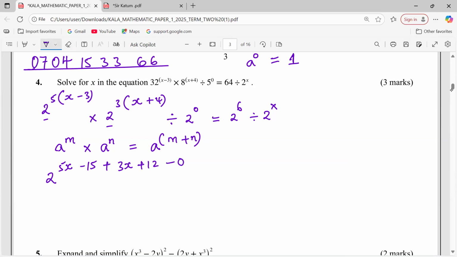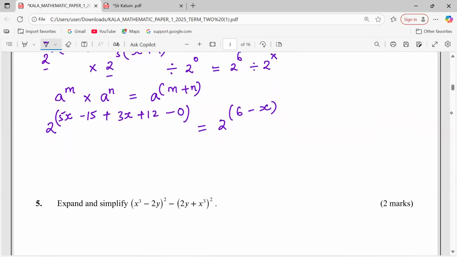Then we subtract 0, because of the division. Equals the common base 2, then the powers are now subtracted: 6 minus x. Because of the division, we subtract powers when the bases are the same.